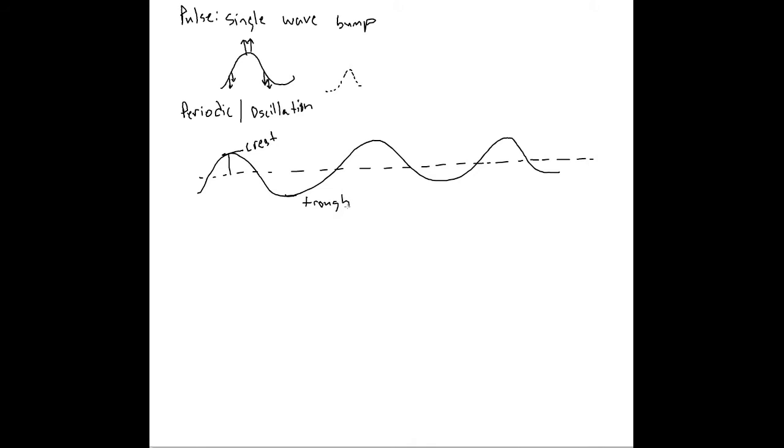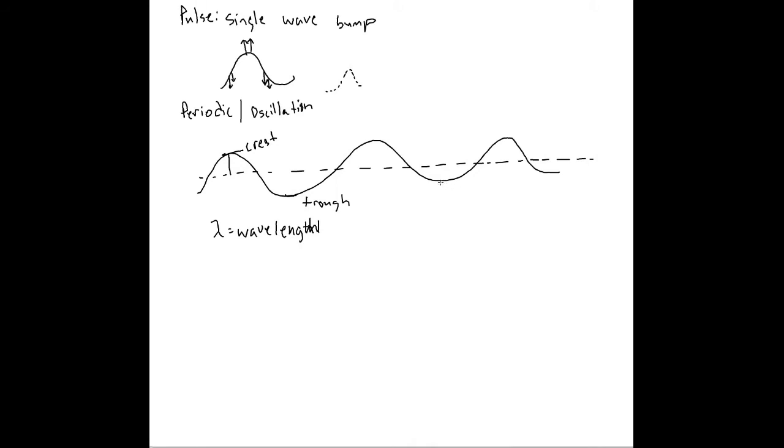Now, another definition that will be useful to us is wavelength. This is wavelength. Now, all this is a distance from one crest to another crest, or one trough to another trough.